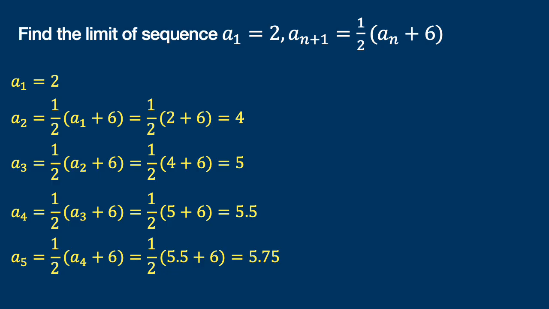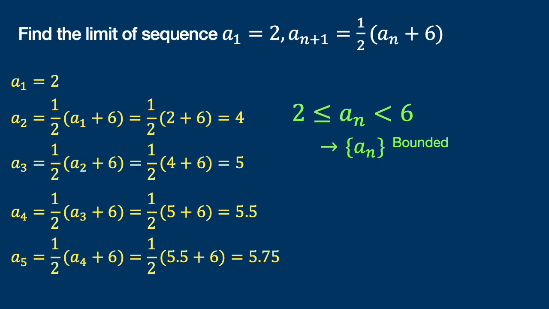Can you see 2, 4, 5, 5.5, 5.75. All the values of the sequence are between 2 and 6. That's bounded.